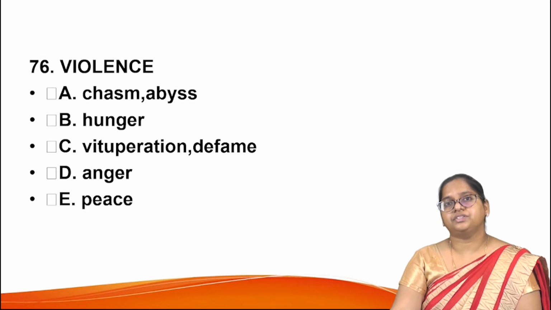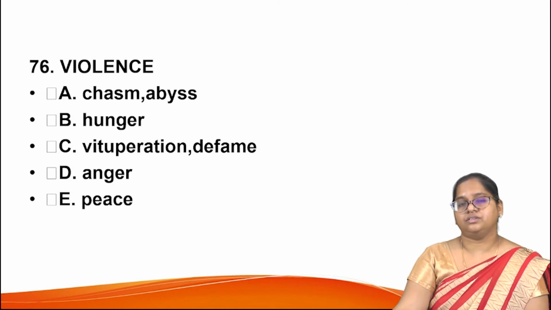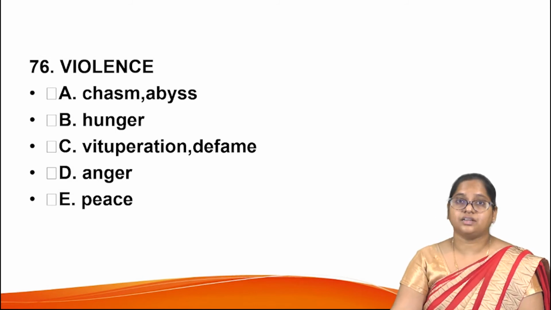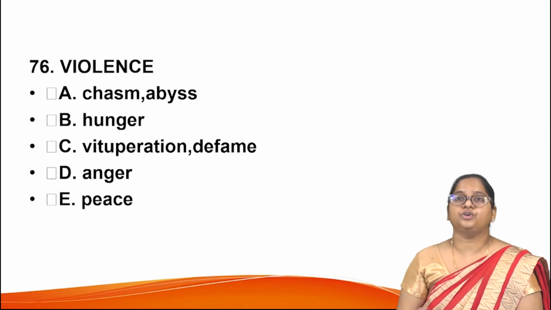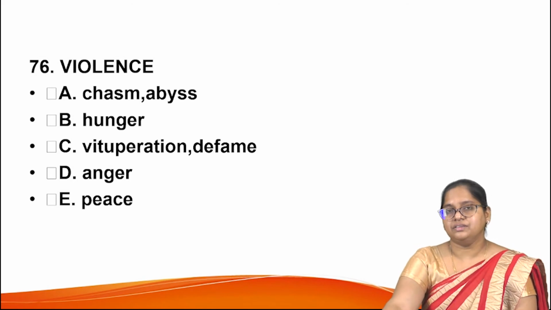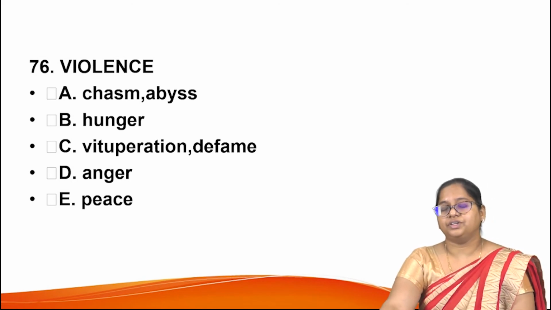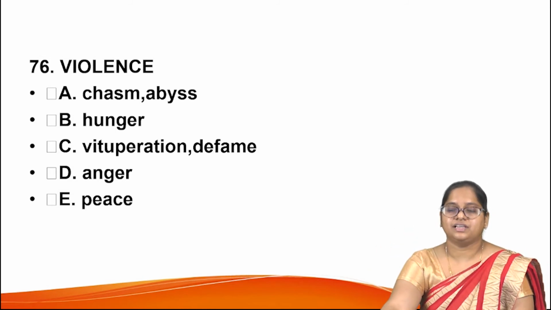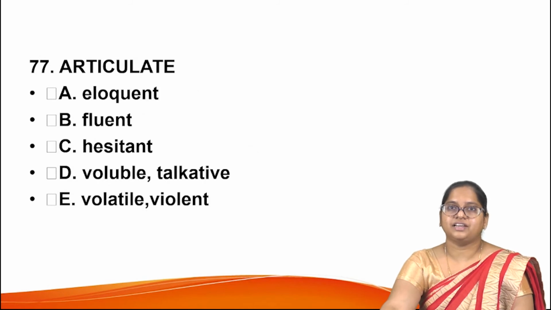Vituperation means, like we saw some time ago, an insult you are giving to that person. So you can go with the option anger. Anger means being very violent, and peace is the opposite of it, where you are very calm and cool. So obviously the opposite of violence will be peace. So option A is the right answer.